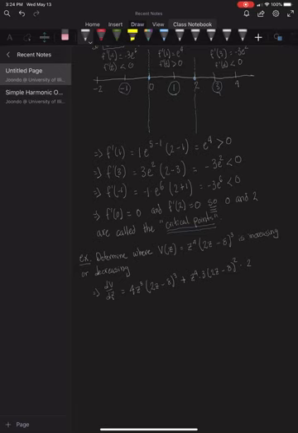And here we use the chain rule, right? We use the chain rule right over here.